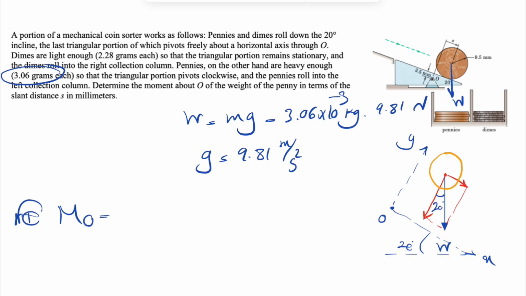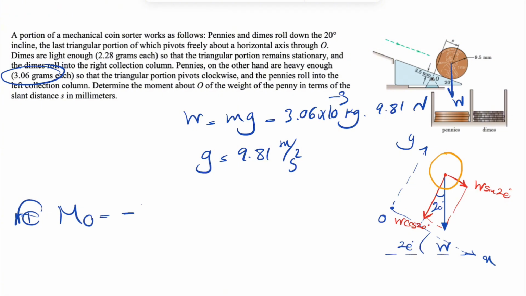All right, let's start with the moment of the Y component, which is this one. The moment is going to be in this direction, so it's clockwise and we're going to have a negative. For the components of the force, the X component would be W sine of 20 degrees, and the other one would be W cosine of 20 degrees.